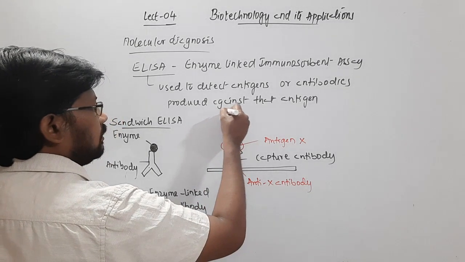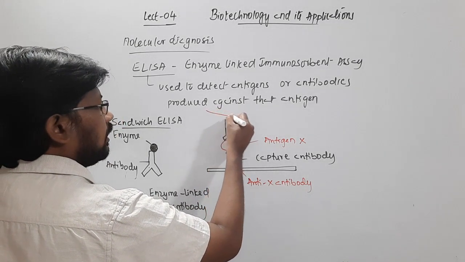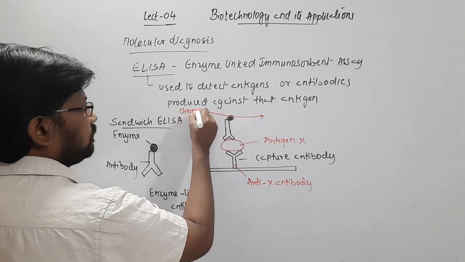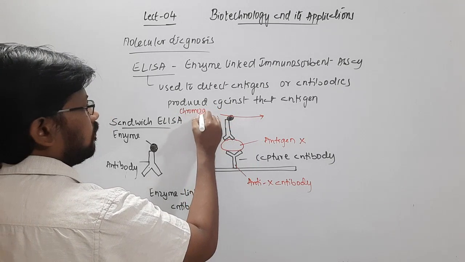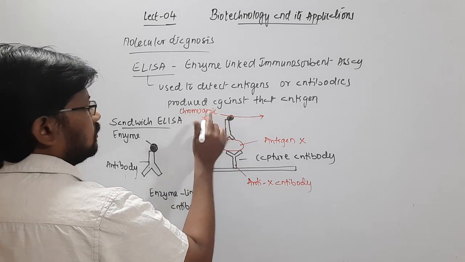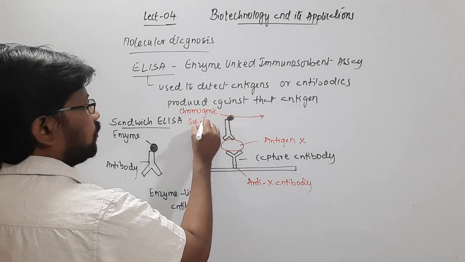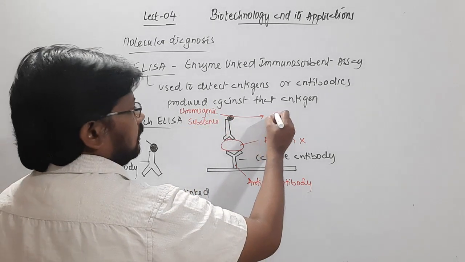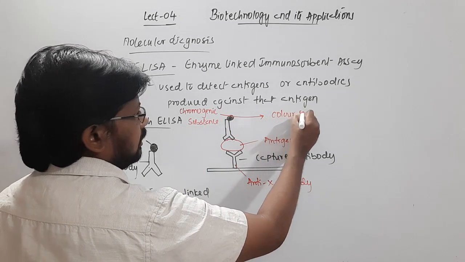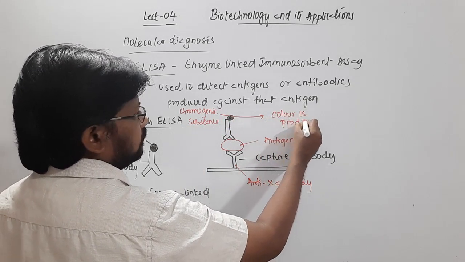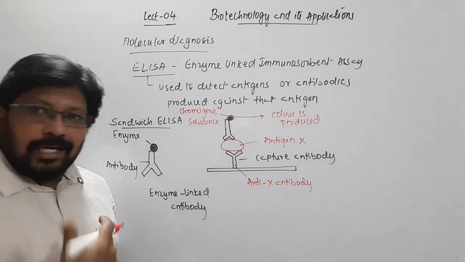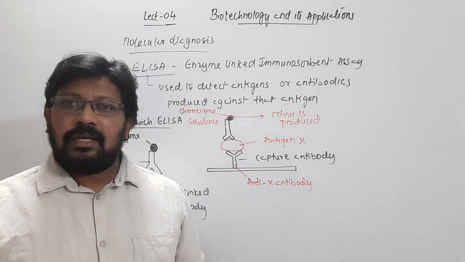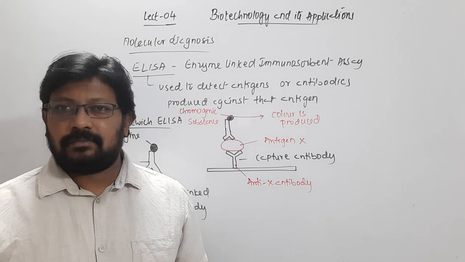So here I'm going to add a chromogenic substance, a color producing substance, and a particular color is produced. If the color is changed, then it indicates the antigen is present.